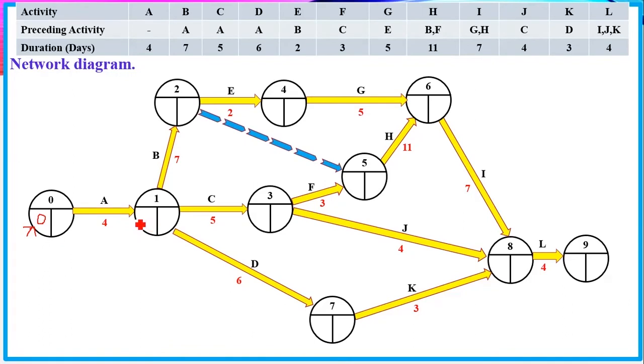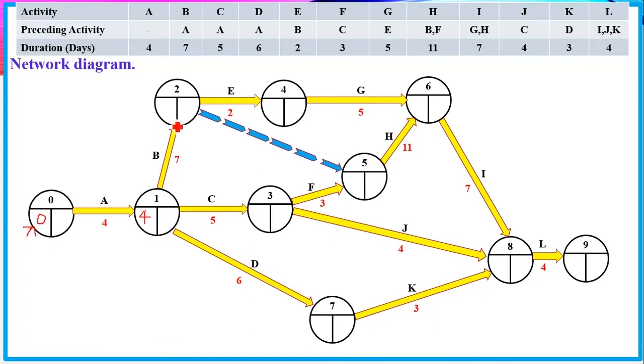The EST here will simply be the number of days after which the succeeding activity can start, and the succeeding activities here are B, C, and D. So B, C, and D can only start after A is complete, and A takes 4 days.